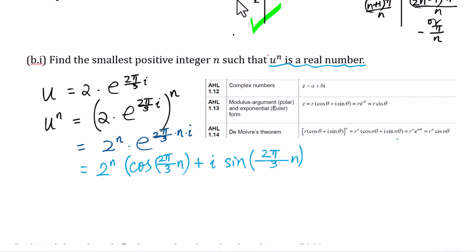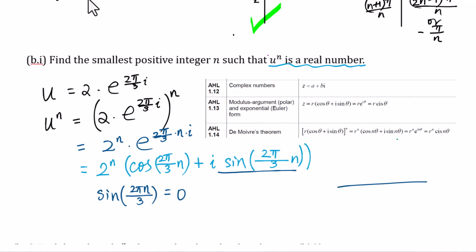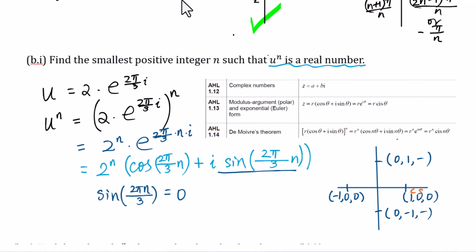Since u to the nth power is a real number, this imaginary part equals 0. So we set up sine 2 pi n over 3 equals 0. Let's go to the unit circle. CAST.